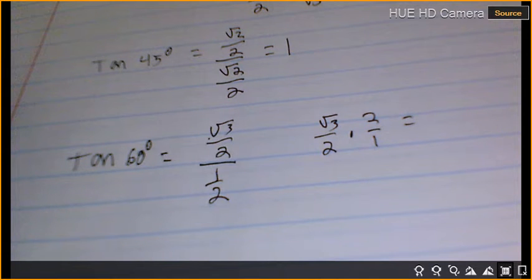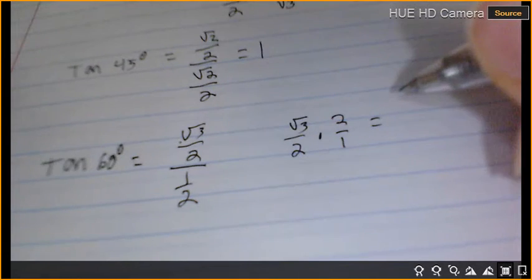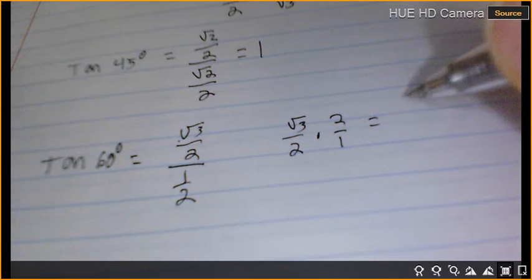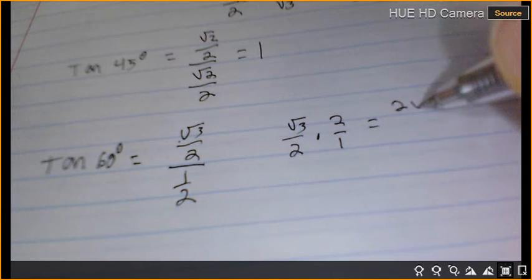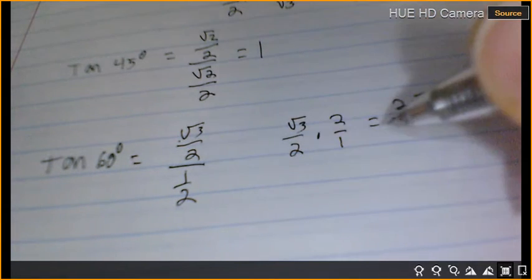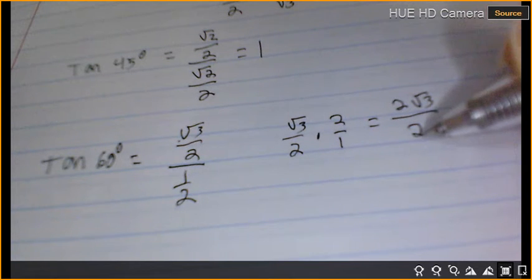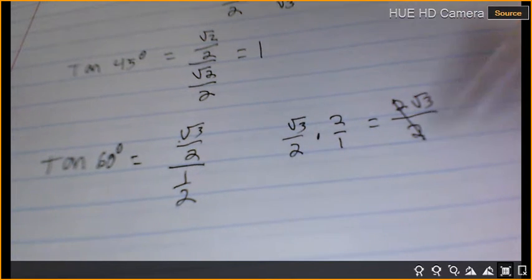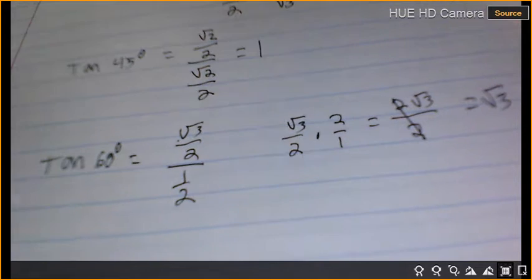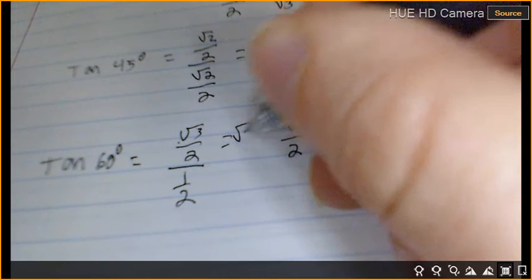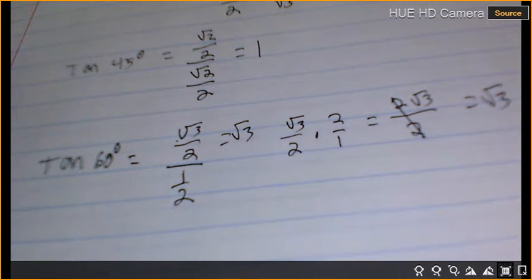Okay, we'll just do this all out. There's a canceling thing you can do to make it shorter, but that's fine. We don't have to do it. 2 square root 3 over 2 times 1 is 2. 2 divided by 2 gives me 1. So we get just square root 3 is my answer. You always flip the one on the bottom over and then multiply straight across whenever we deal with fractions.